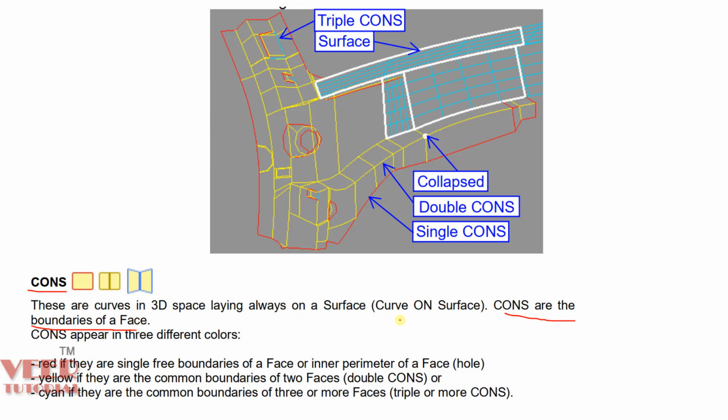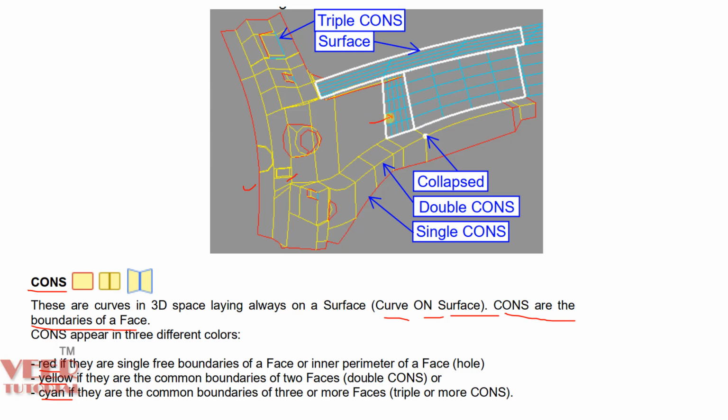The full name is curve on surface, which is called cone. Now in ANSA, the cone may appear in 3 colors. The first is red, the second is yellow, and the third is cyan. Here you will see that we have a red edge here, yellow here, and cyan here.